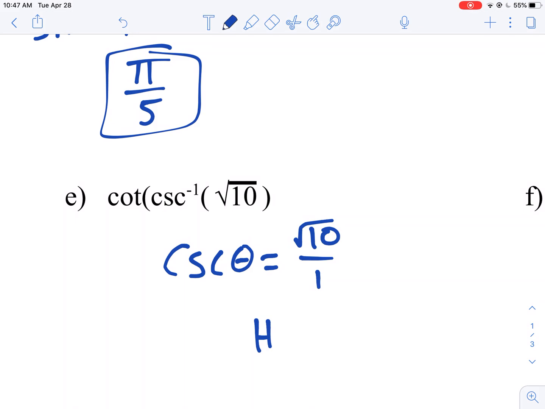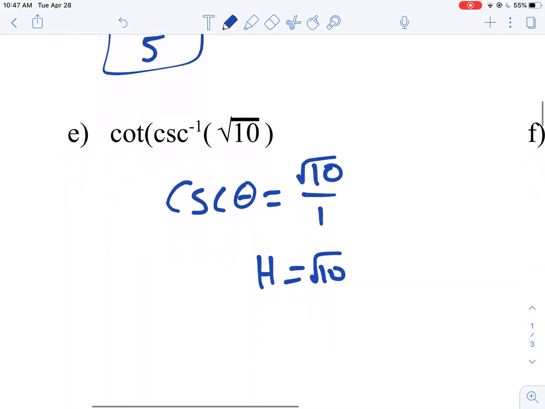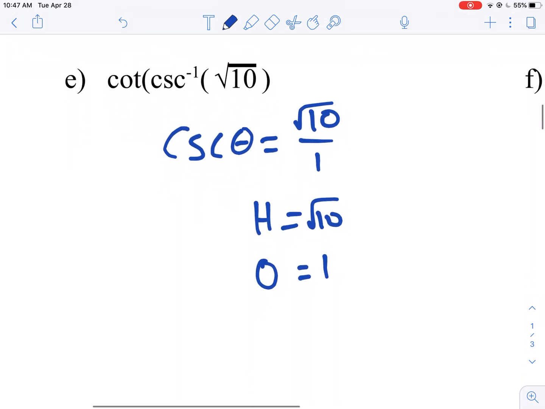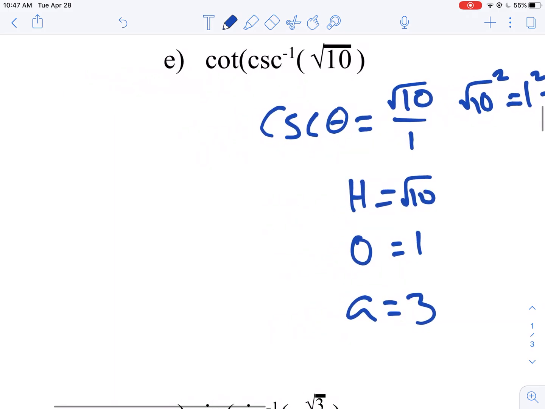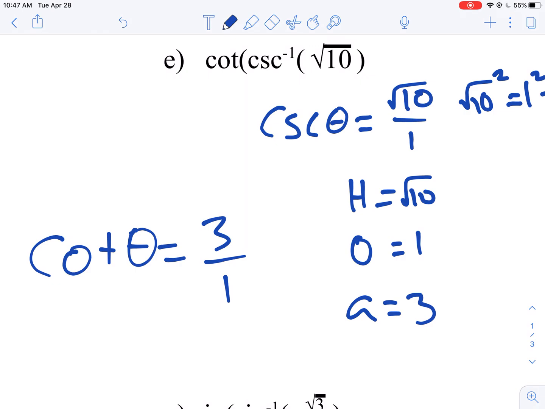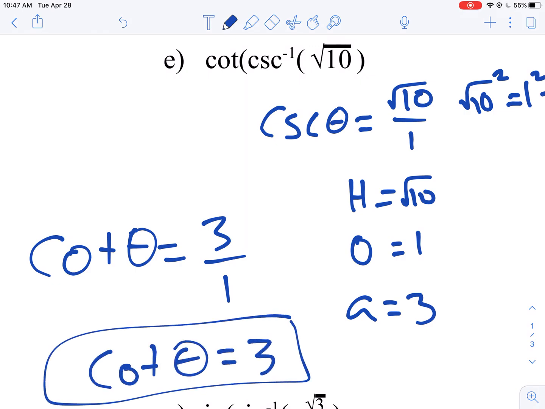So I've got a hypotenuse which is equal to root 10 and an opposite side which is equal to 1. I'm quickly going to do some fast math in my head to say my adjacent side is 3, because square root of 10 squared is equal to 1 squared plus a squared. We can figure out that that's 3 really quickly. So now that I know my opposite and my adjacent, my cotangent of theta is equal to 3 over 1.